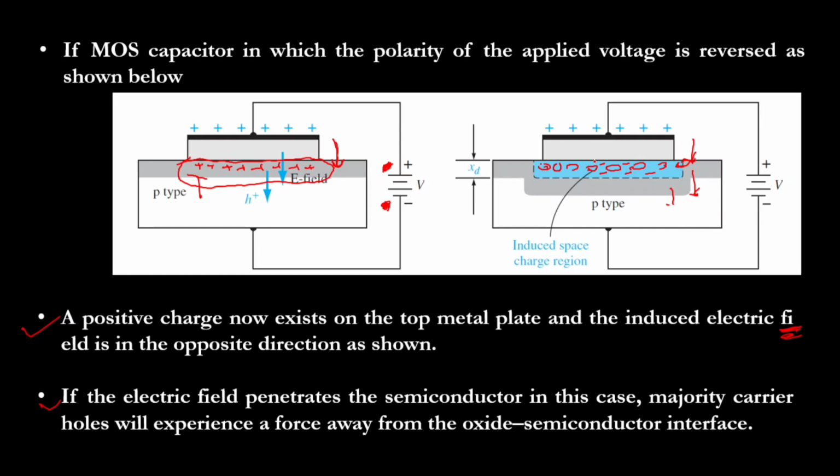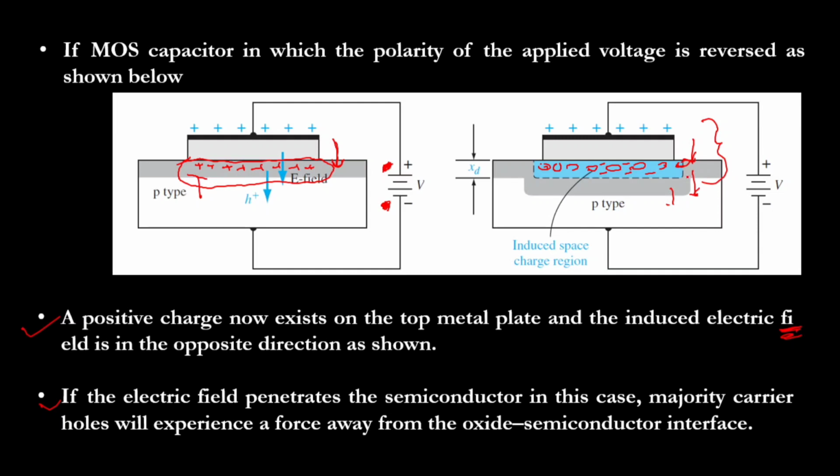Still there will be a MOS capacitance, but it is not as strong as in the previous case. Previously we had electrons and holes properly separated by a parallel plate. In this case the positive charges are strong, but the negative charges are because of ions, but it still offers some capacitance.